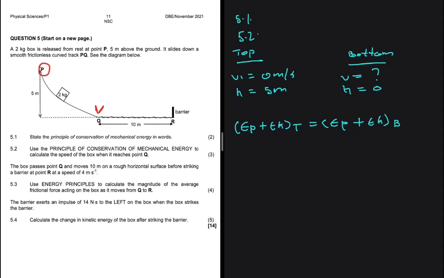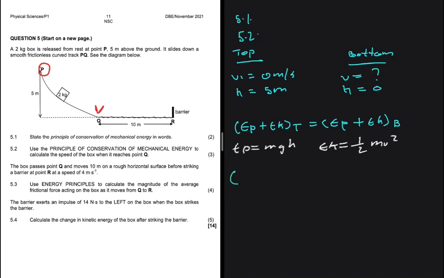We know that EP is equal to the mass multiplied by gravity multiplied by the height, and EK is equal to a half mv squared. I'm just writing that down so that if you're not already familiar with the topic, you're not confused with what is going on.